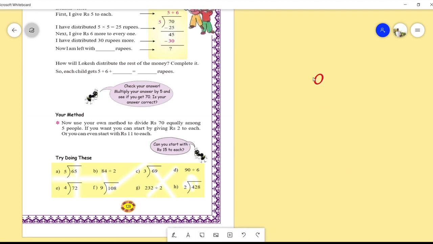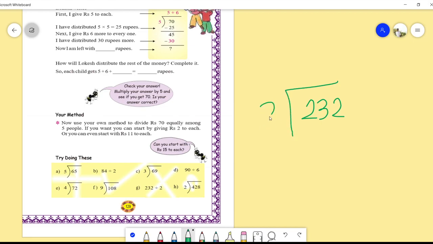Next we have is 232 divided by 2. Let's try to solve that. Let's start from a very big number, that is 100. 2 into 100 will be equal to 200.